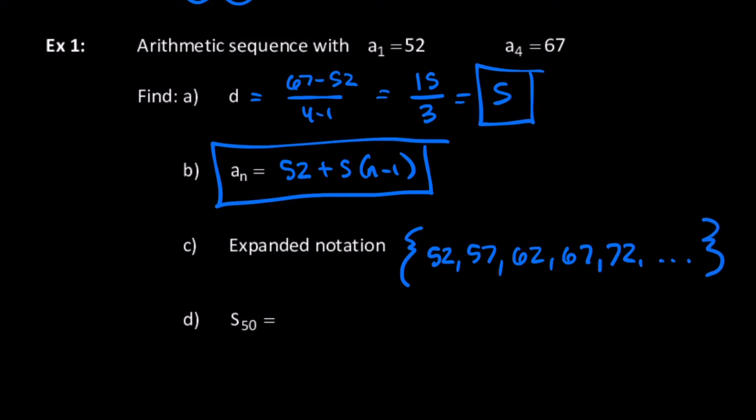Now I need to find S sub 50. Well, that will be 50 divided by 2 times a sub 1, which is 52, plus a sub 50. So I need to do a little work to get a sub 50. I'll do that down here on the side. A sub 50 equals a sub 1, which we said was 52, plus d, which we said was 5, times 49.